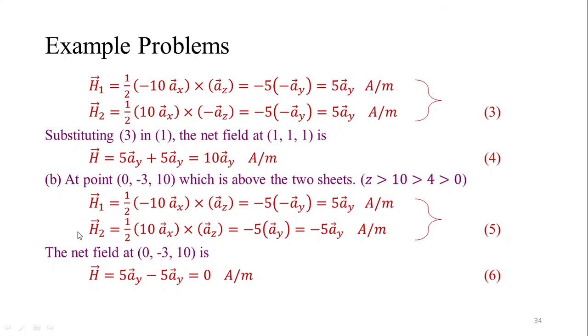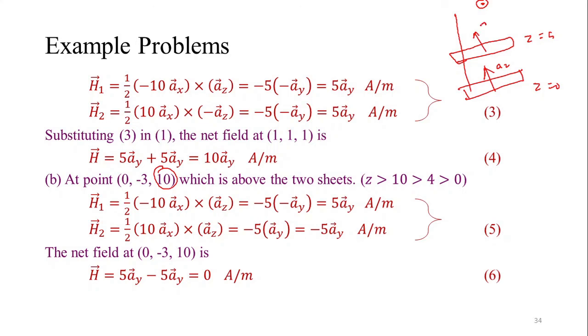Now at point (0, minus 3, 10), let's again draw the diagram for easy understanding. Here we have z equals 0, here z equal to 4, and the observation point is at z equal 10, somewhere here. The vector coming out of this plane is a_z, and from the other is also a_z.